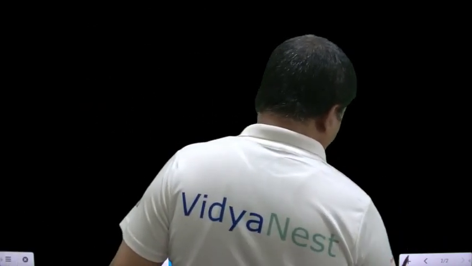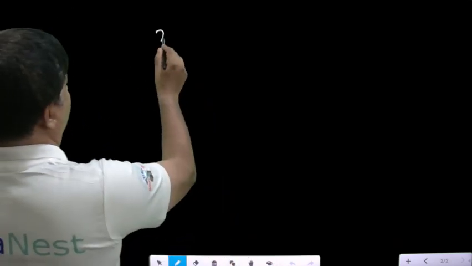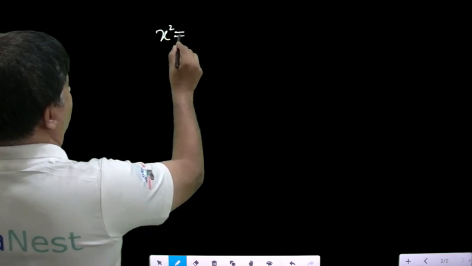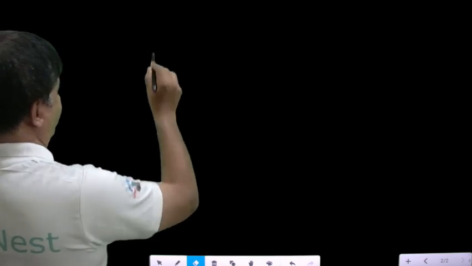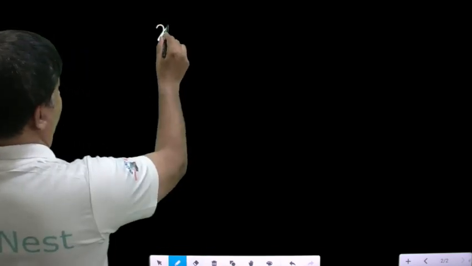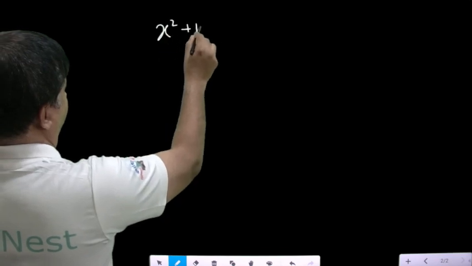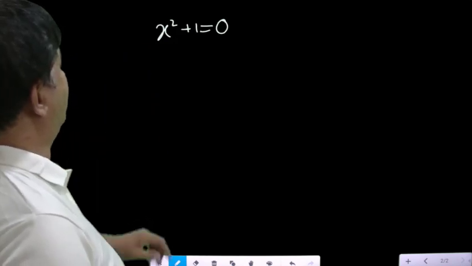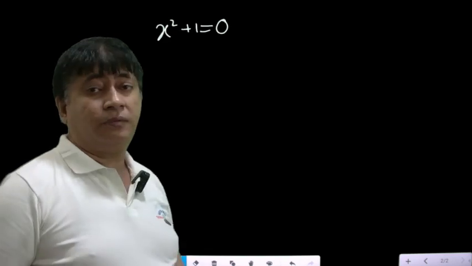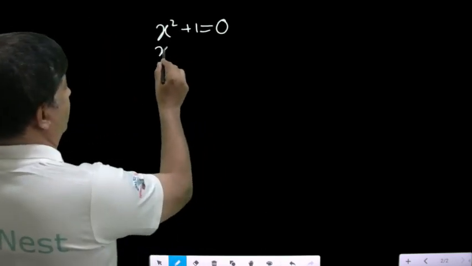Now, what kind of numbers are to be called complex number? Suppose you have got a quadratic equation of this type. x square plus 1 is equal to 0. Now, x square is what?